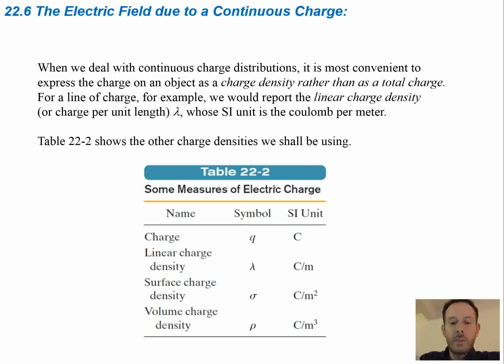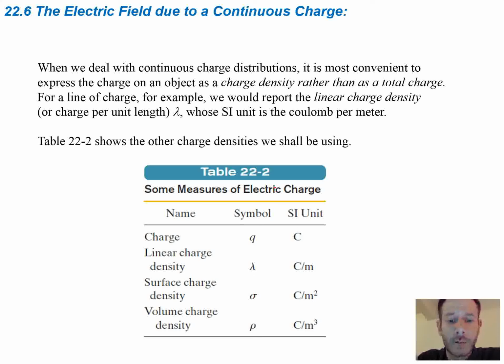Okay, so we want to talk about some variables that we're going to be using for charge density. So when we deal with continuous charge distribution, this is kind of moving into the next section. It's most convenient to express the charge on an object as a charge density rather than a total charge on an object.